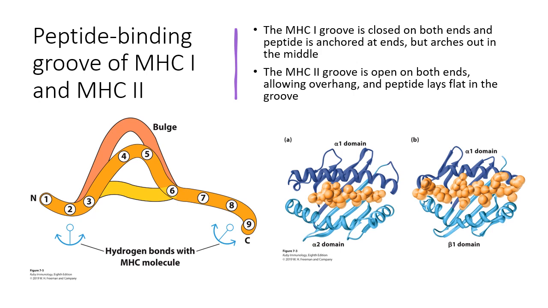I have a chemistry question. How does being hydrophobic make it anchor? Hydrophobic interactions with specific amino acids in the MHC protein itself will interact better with the hydrophobic amino acids from the antigen.